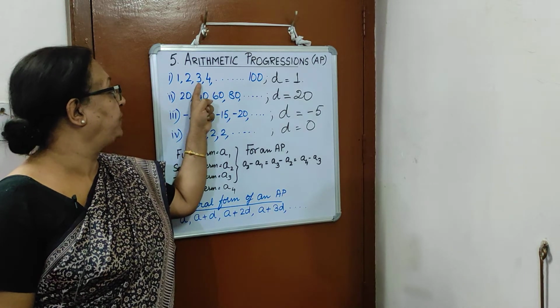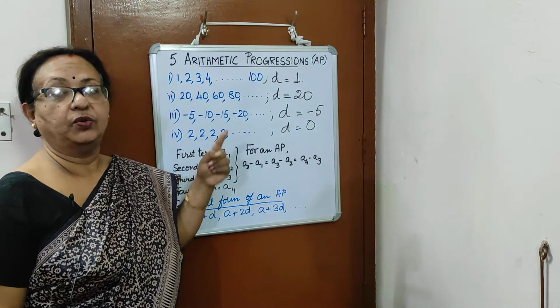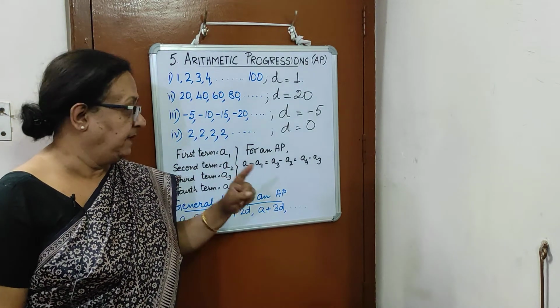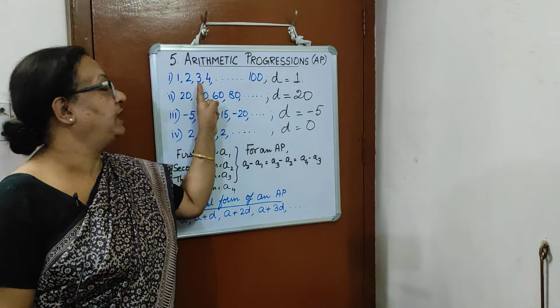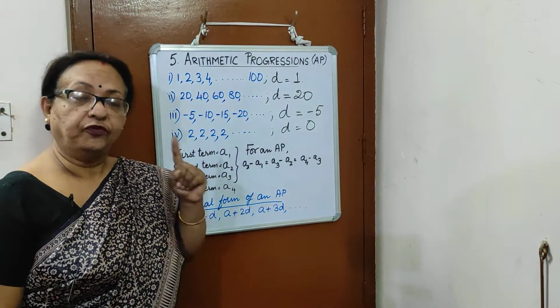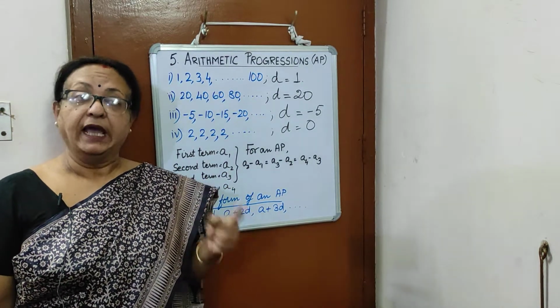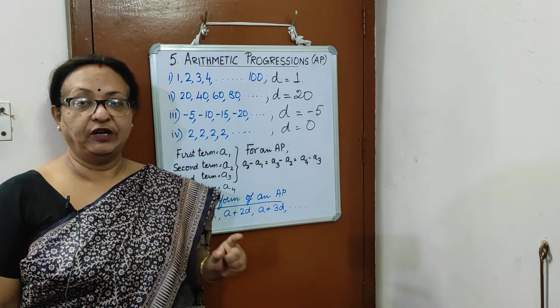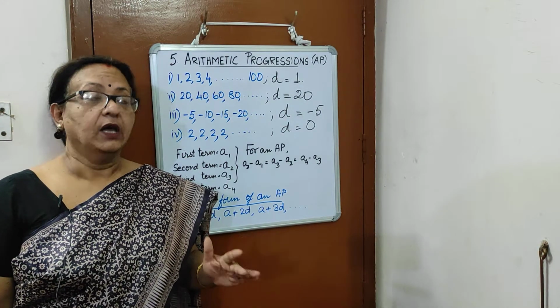The third term 3 minus the second term 2. 3 minus 2. Again you get 1. Similarly, A4 minus A3. 4 minus 3, you get 1. So for an AP, this d has to be constant. If d is not constant, children, it is not an AP.